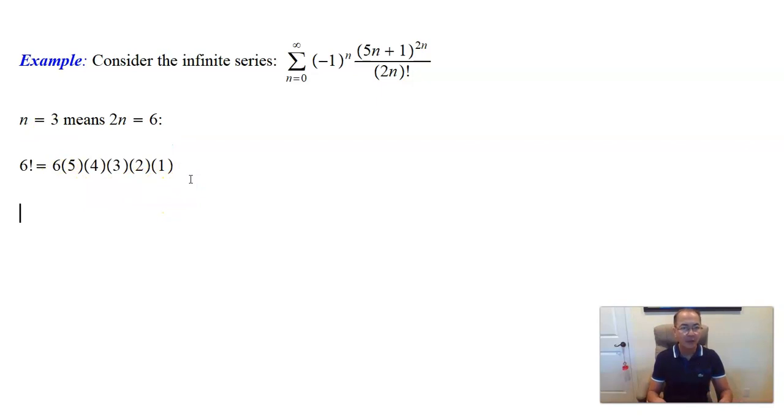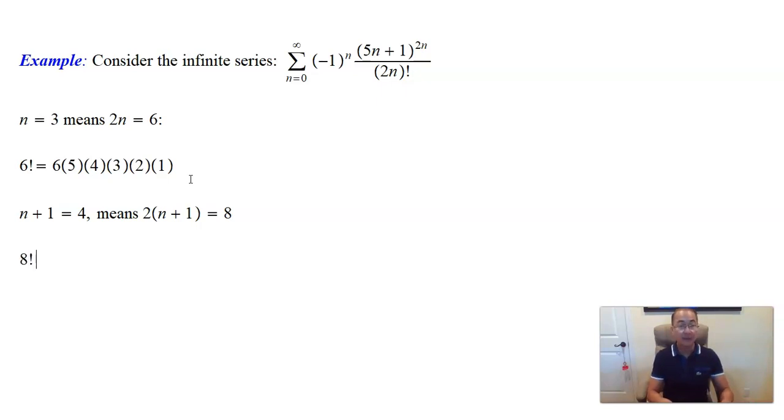Okay? So what would n plus 1 be? Remember we're going to look at a_(n plus 1). n is 3, so n plus 1 is 4. So that means that 2 times (n plus 1) equals 8. Not 7, but 8. Okay.